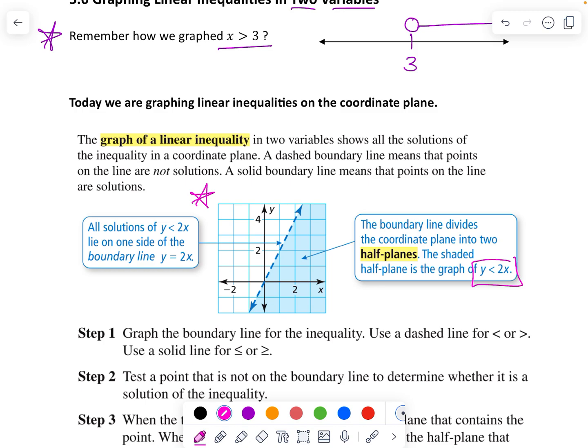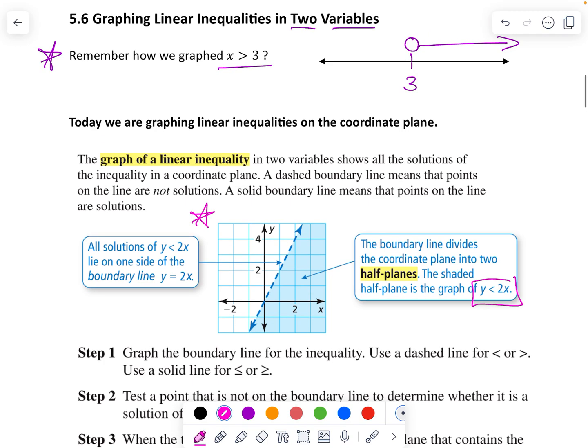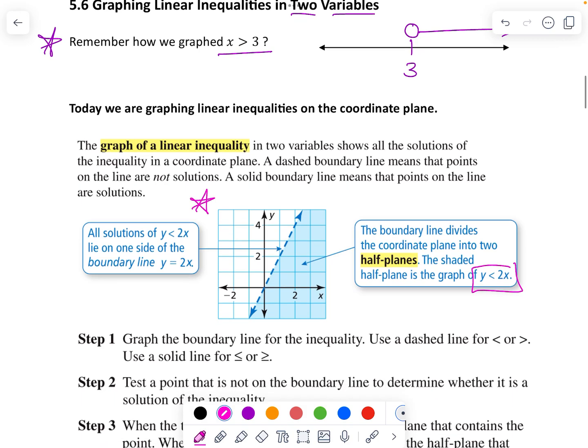Just like we drew the arrow to the right on our number line to indicate all the values greater than 3, on the coordinate plane we shade the area. Anywhere in this shaded area, those are all solutions to this inequality where the value of y would be less than 2x.